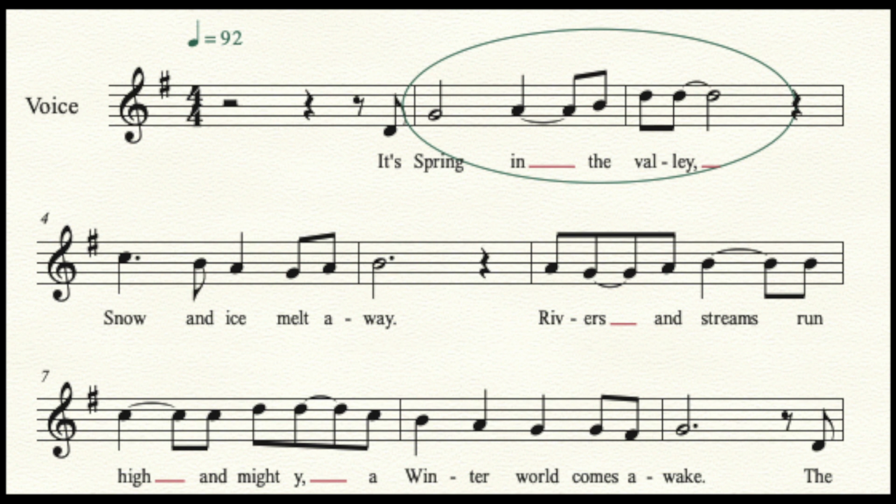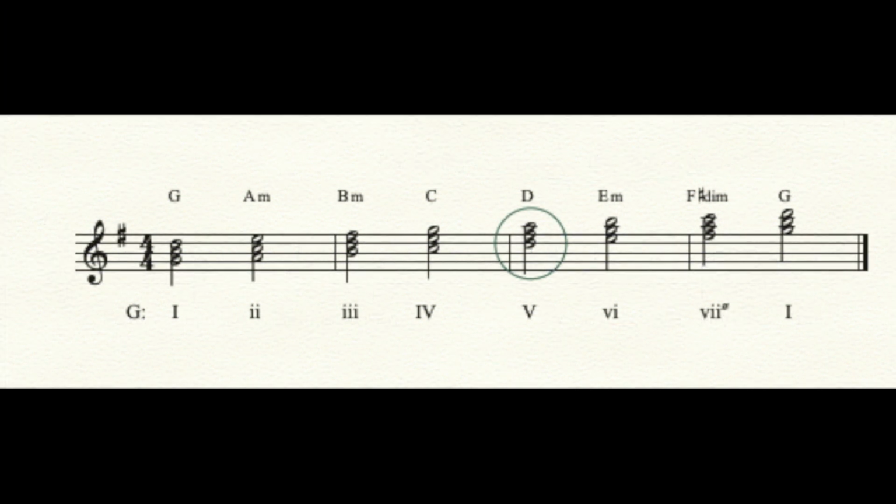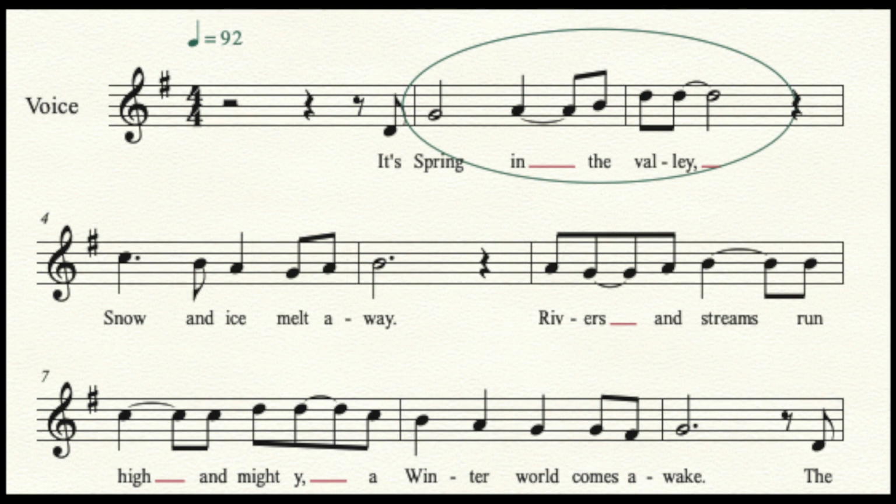Now, what chords in this key have the note A in them? Well, the first one that comes to mind is the 5 chord, because that's the next one I'm going to think about. The 5 chord is D, F sharp, A. That would work. But then I look at the B at the end of that measure. Now, that's a very weak beat. It's on the "and," or the half beat of beat count 4.